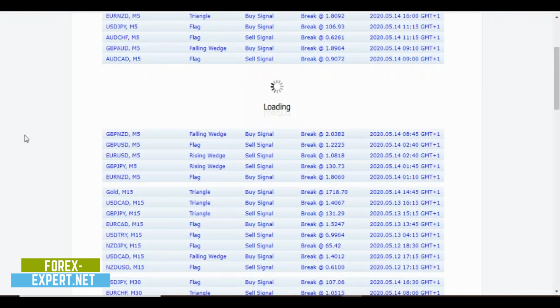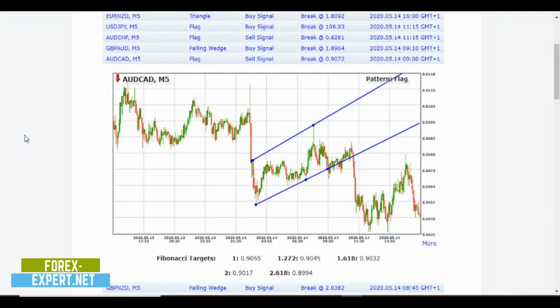Let's jump to Australian dollar and the Canadian. Price action at the end of the game looks not so bad because we had this double top.